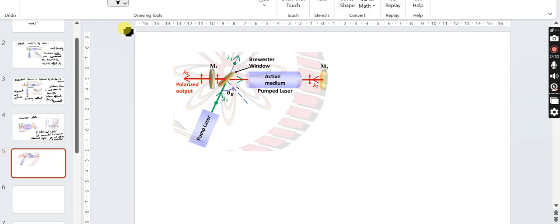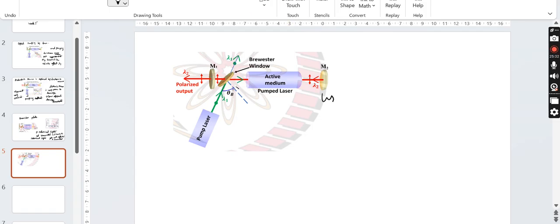So the s-polarized light is pumping the active medium, and we are getting first spontaneous emission, then stimulated emission. The polarization from the laser is basically random at first, but by virtue of this Brewster window, only p-polarized output survives out of the light produced by this active medium.